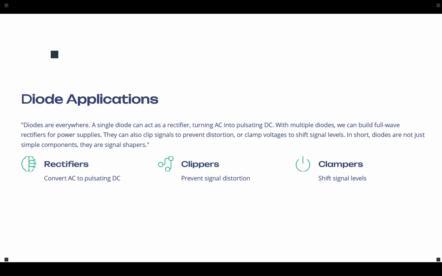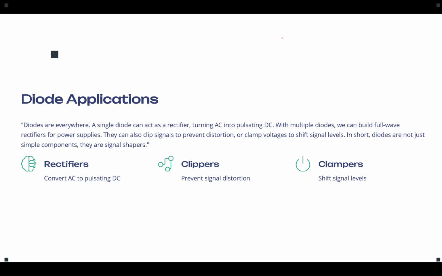It rectifies the AC, and now we have a DC current. I want you to pay attention: DC does not change direction, while AC alternates, with a positive half cycle and a negative half cycle. That doesn't mean that in DC we don't change the voltage. We just don't cross the zero line.